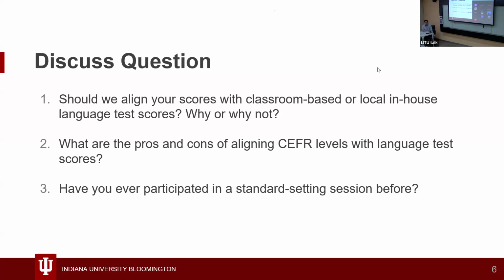Yeah, again, the type of the test and also the course, whether it is basically focusing on oral communication or written, receptive or productive skills. Yeah. So probably the national test would be okay to align the scores with the framework. But for the classroom, probably yes and no.